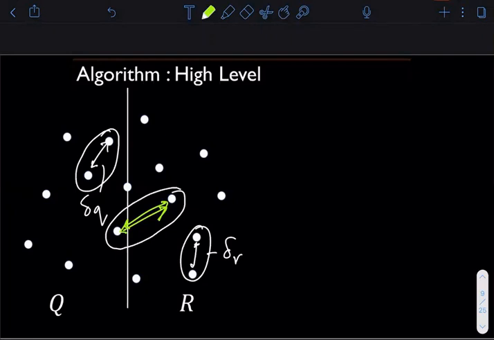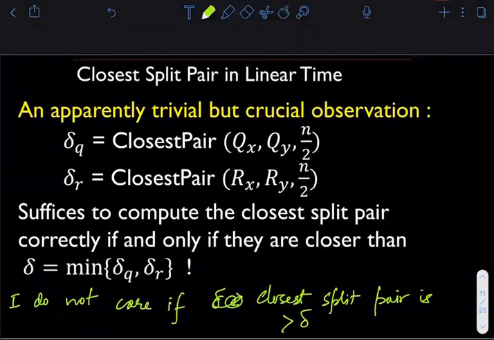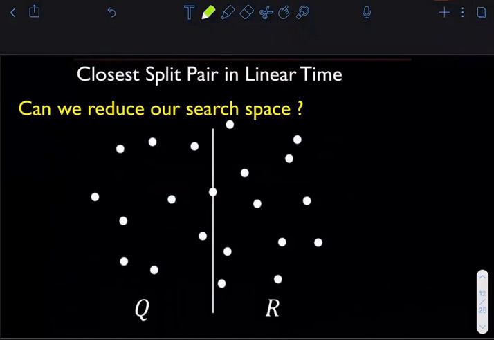But then I don't care at all, because the overall closest pair in this entire picture is not going to be this green pair. It is going to be one of these white pairs. Is it clearer now? This is going to be important when we do the correctness proof.